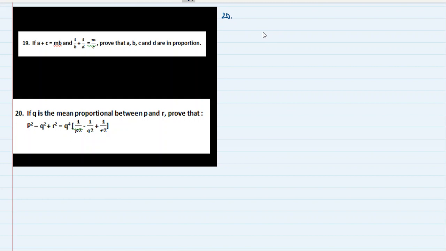Okay. See, if Q is the mean proportional between P and R, that means P is to Q is to R, and that means that Q square is equal to PR.